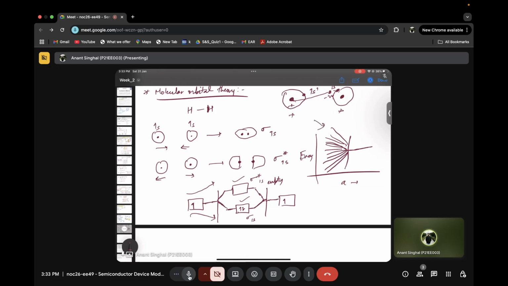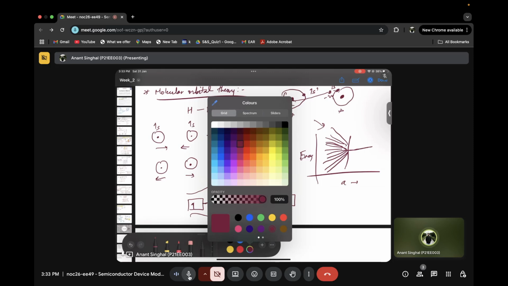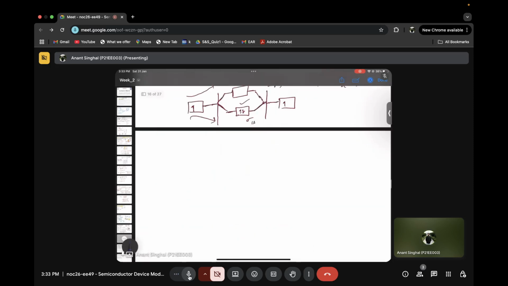Since we'll be discussing a lot about silicon, let's try to understand the MOT for silicon only. Let me write the topic: formation of energy bands, and we'll be discussing silicon because that is the main source.